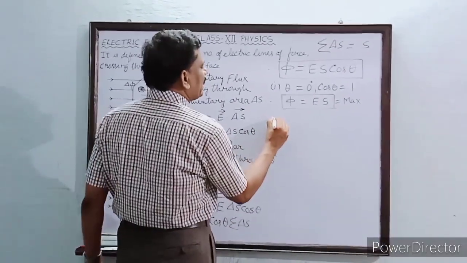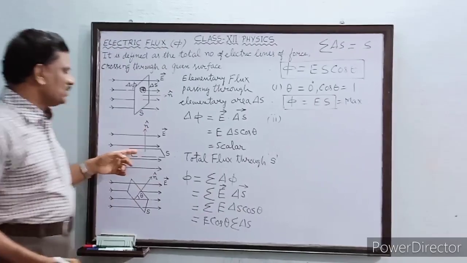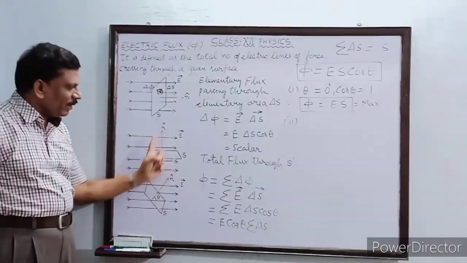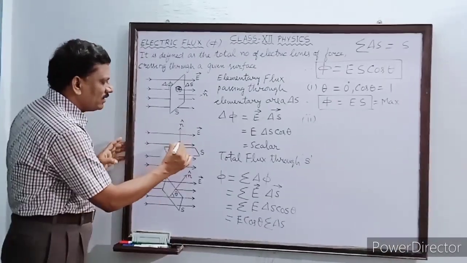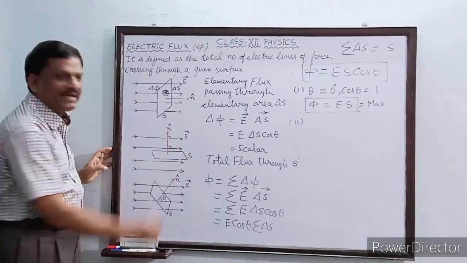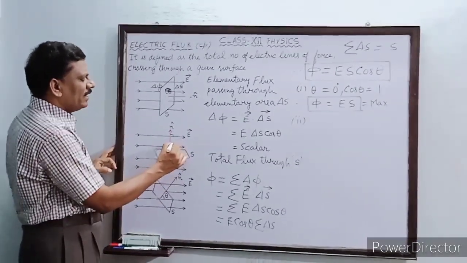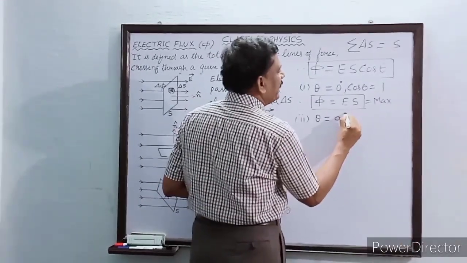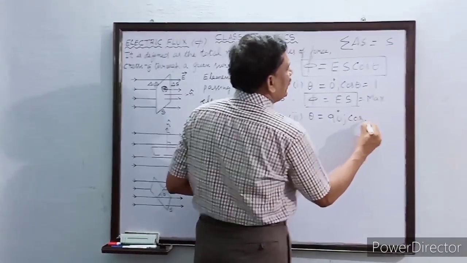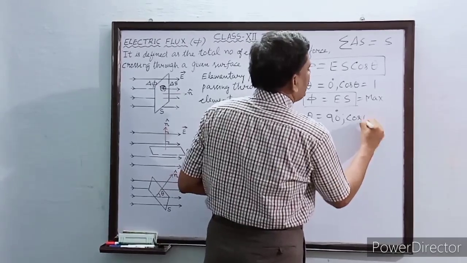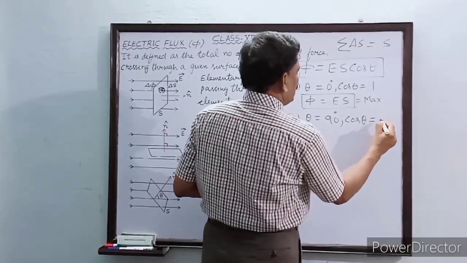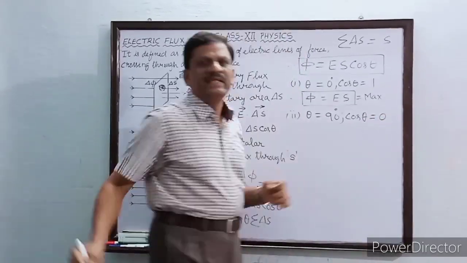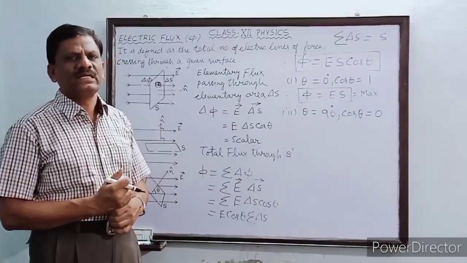Now in the second picture, you see here the area vector is pointing upward, that is, perpendicular. So this is perpendicular to the electric field at all points. So theta in the second picture must be equal to 90 degrees, and cos 90 is equal to 0.